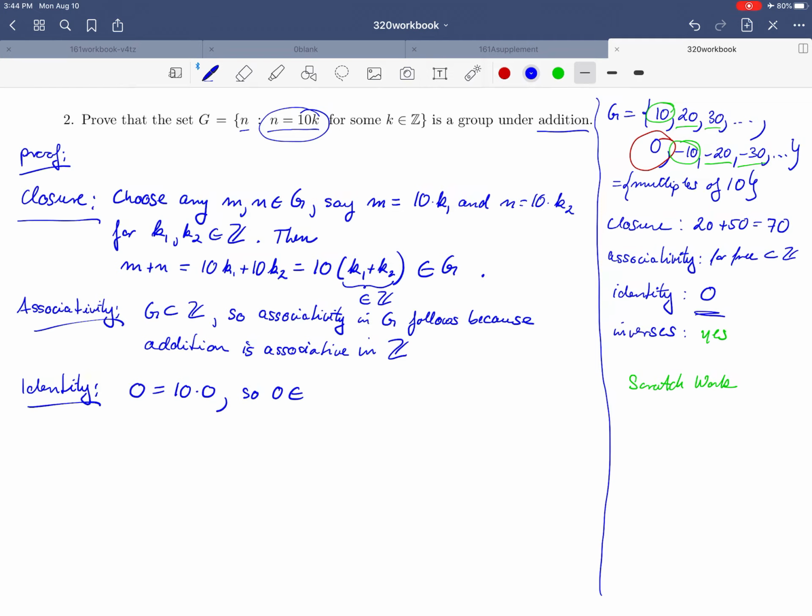So 0 is an element in G. And we have to show that it behaves like an identity element. So 0 plus n is equal to n plus 0 is equal to n for all n in our group G. And so we can conclude that 0 is the identity element.